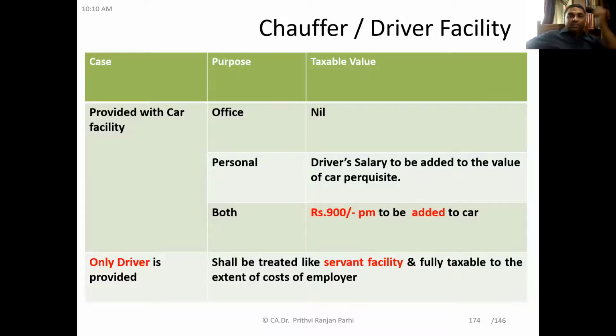The domestic servant facility is fully taxable to the extent of the cost to the employer. That means the salary the employer is paying, that amount will be the value of this perquisite, and it will be added to the salary of the employee.